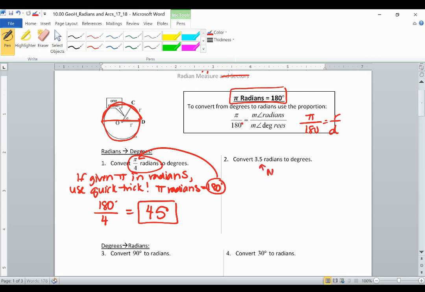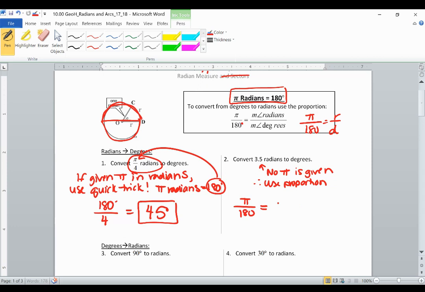Number 2, convert 3.5 radians. So no pi is given. If there's not a pi given, then you need to use the proportion. And the proportion we're going to use to convert from radians to degrees and also from degrees to radians. So it's very useful. We're always going to start with what we know for sure. We know pi radians is equal to 180.